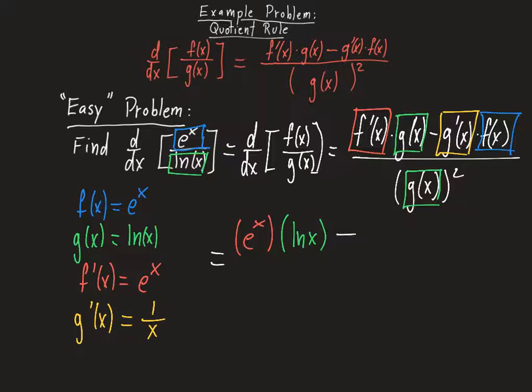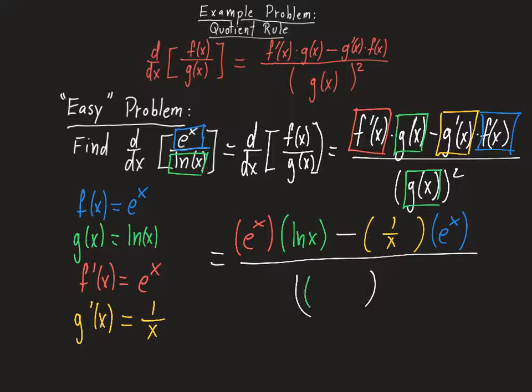Next up, we have a minus sign, followed by our function in yellow, which is 1 over x, times our function in blue, which is e to the x. All of this is being divided by, in parentheses, our function in green, which is natural log of x, and all of this is squared.